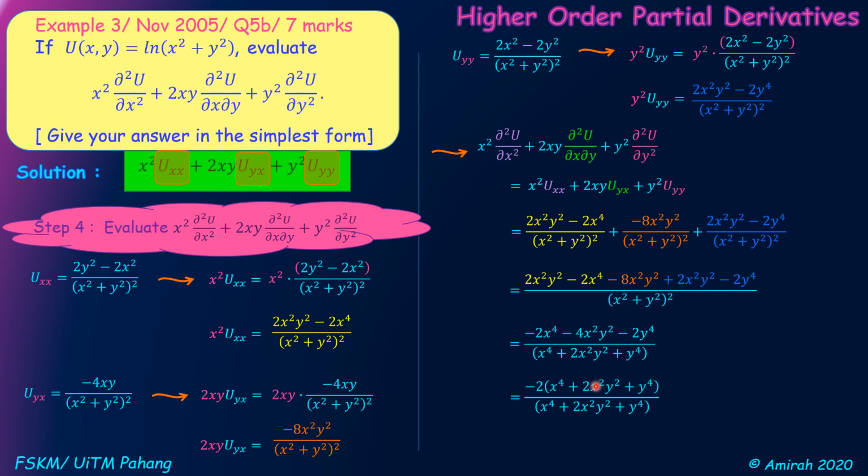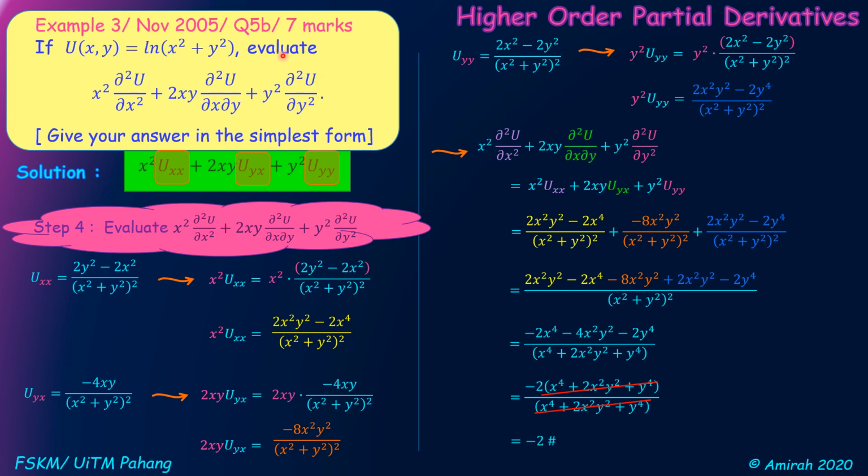To check whether we factorized correctly, we can expand, and we should get back the above function. When we expand, we have negative 2 times x to the power of 4, minus 4x squared y squared, minus 2y to the power of 4. From here we have the same factor, so we can simplify. After we simplify, we get negative 2.